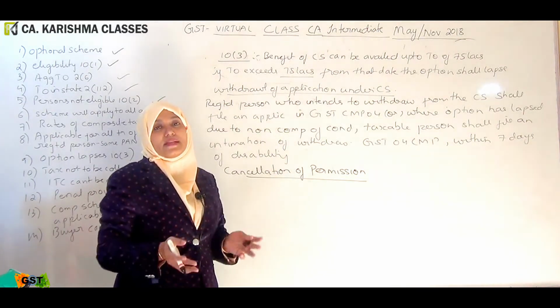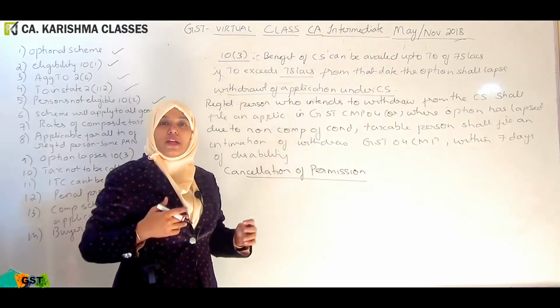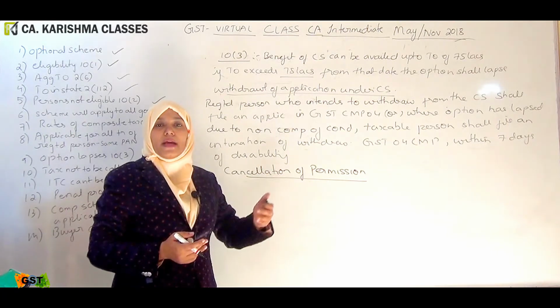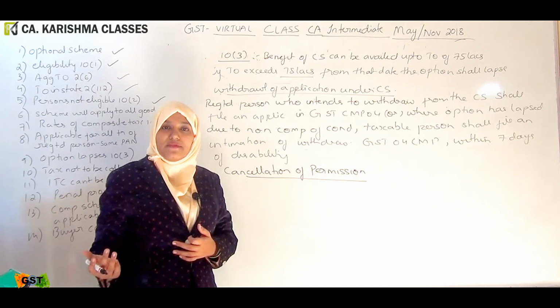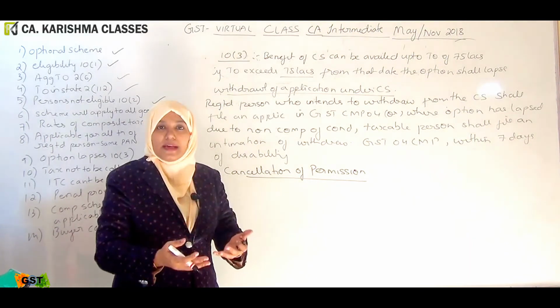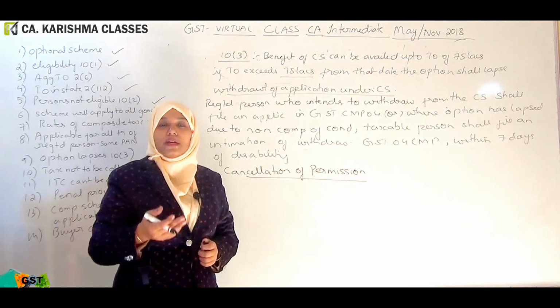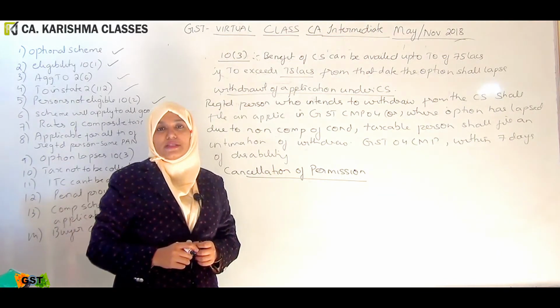In both cases they have to cancel. What is the difference? In the first case, voluntarily you have applied for cancellation. You are saying, sir, I am planning to do interstate supply, or my turnover has crossed 75 lakhs. I am not eligible for the composition scheme. I am submitting this application to you. Don't give me the composition scheme. When somebody voluntarily comes forward like that, you have to cancel his composition scheme.